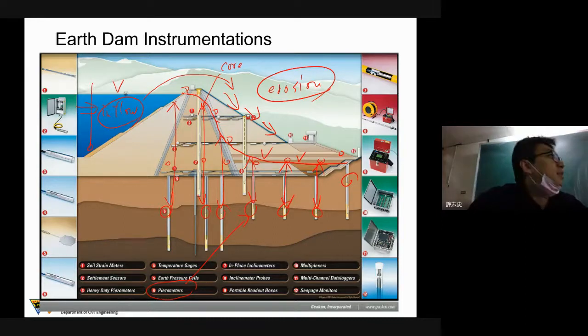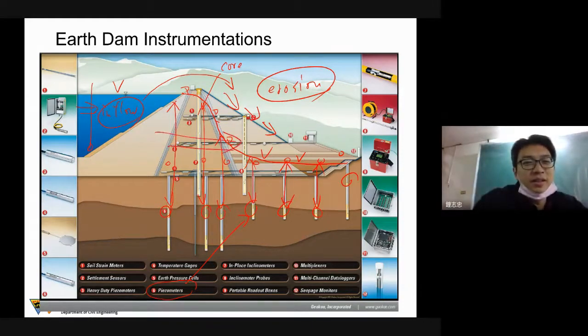Any else? Third one? Can you imagine why this earth dam will fail? The first one is because of the seepage of this water flow. The second one may be the overtopping. Okay, and what is the third one?